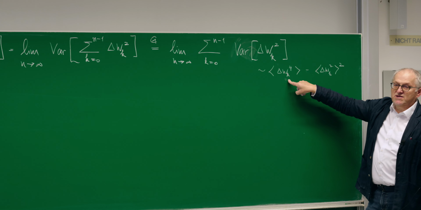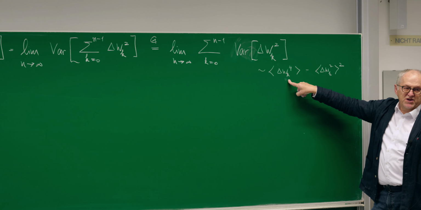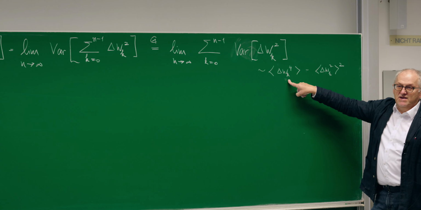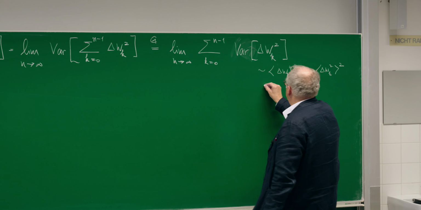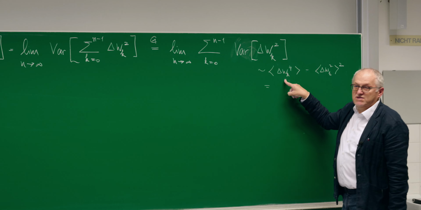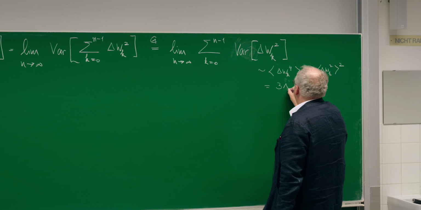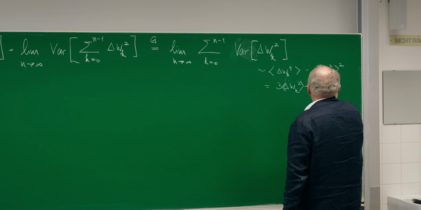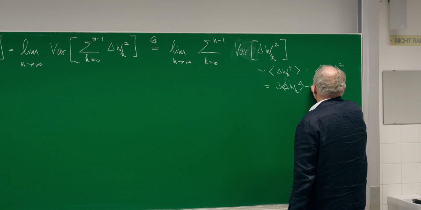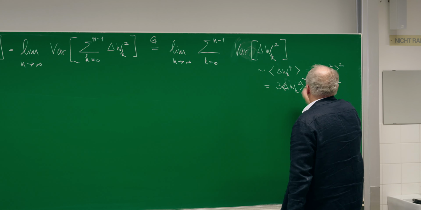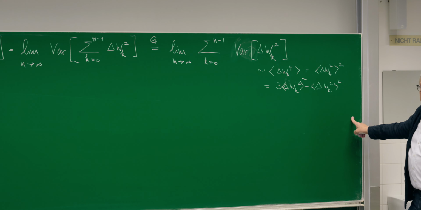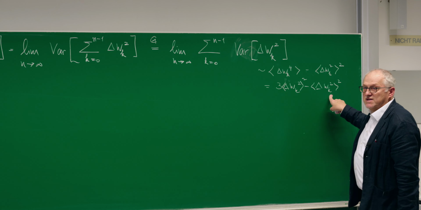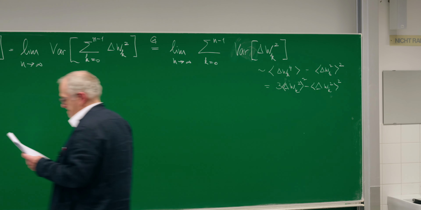Wick's theorem tells you that you have to sum over all possible contractions. So here you can do 3 contractions. That's 3 times the average of delta w k squared, squared, minus the average of delta w k squared, squared. In total, you get 2 times the average of delta w k squared, squared.